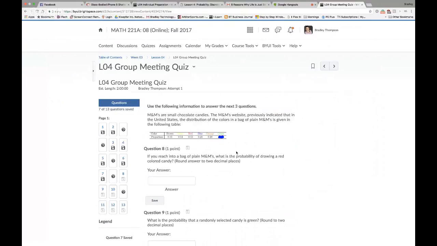They're making us extrapolate. So, getting back to this, what is the probability of drawing a red colored candy? So 13 out of 100, right? Yeah. Wouldn't it just be 0.12? 0.13, yeah.